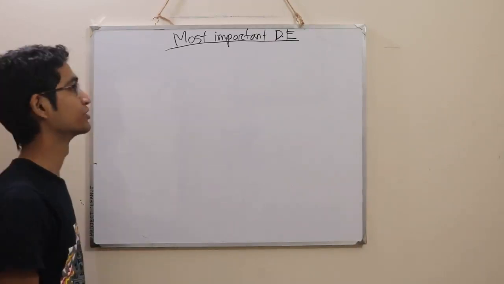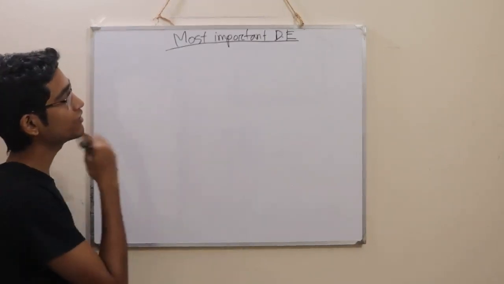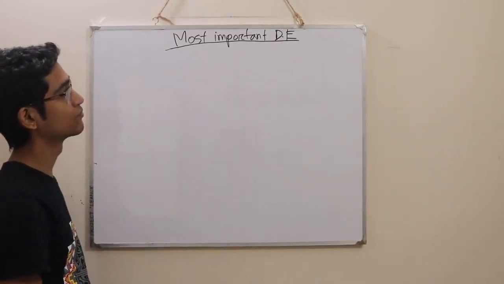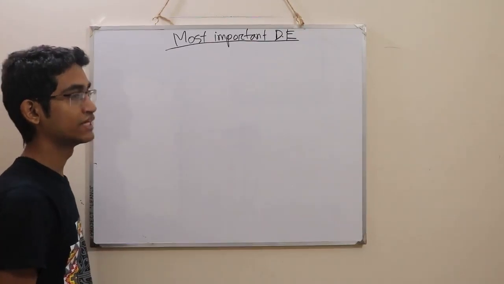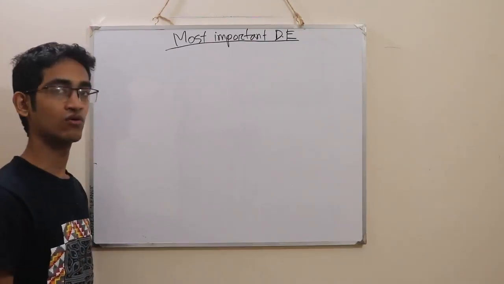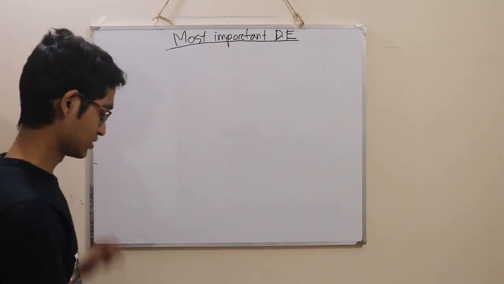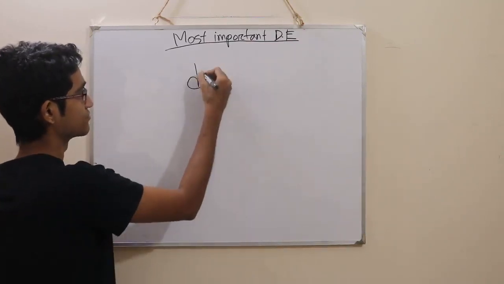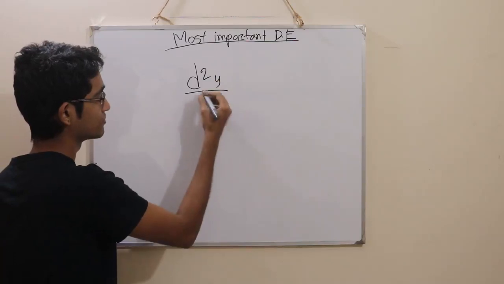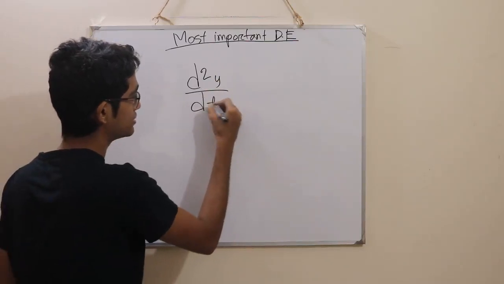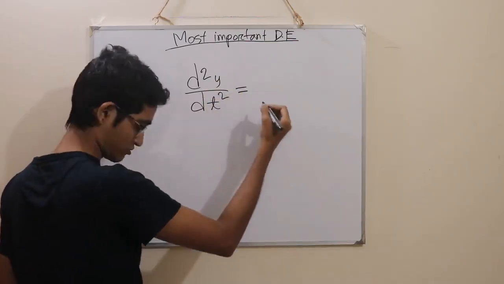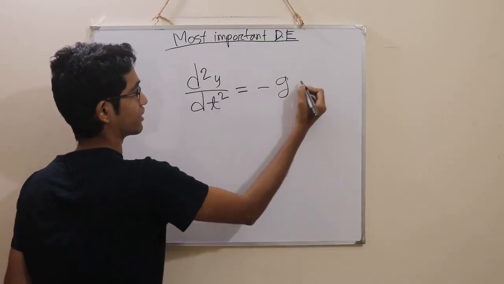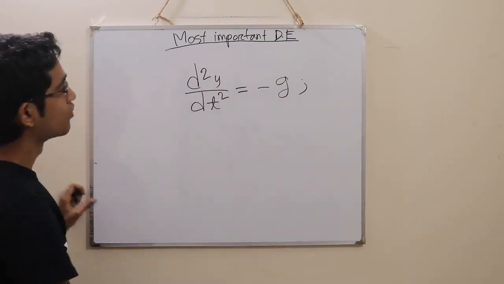So if we want to describe the motion of a falling body that is experiencing a constant gravity, then the equation describing it will be something like this: d square y by dt square will be equal to negative of the gravity.